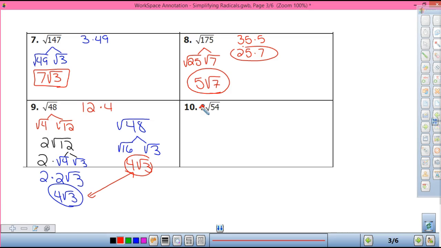Trev, what did you use? I used 9 and 6. All right, so Trev used 9 and 6. So square root of 9, square root of 6, what's my square root of 9? So 3 root 6. Can I reduce that 6 at all?